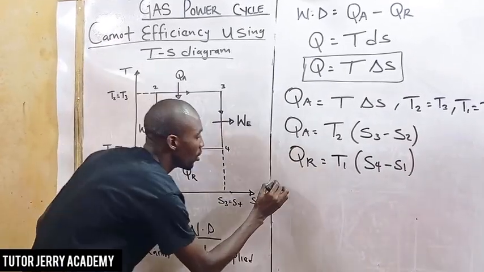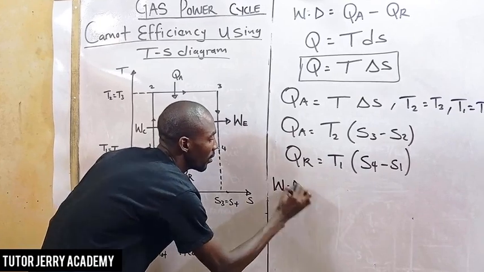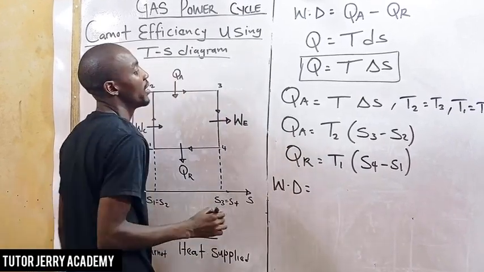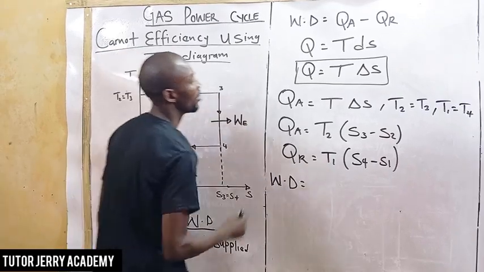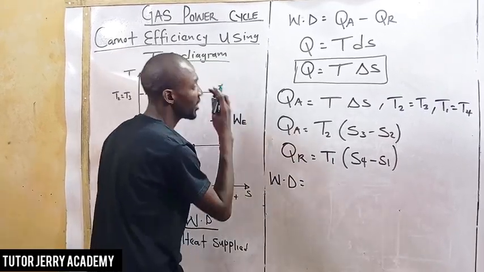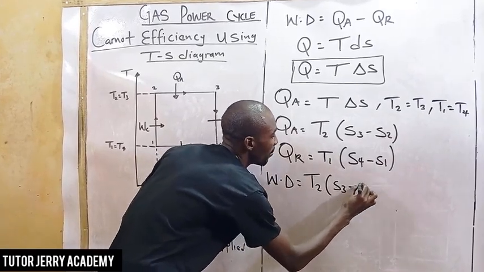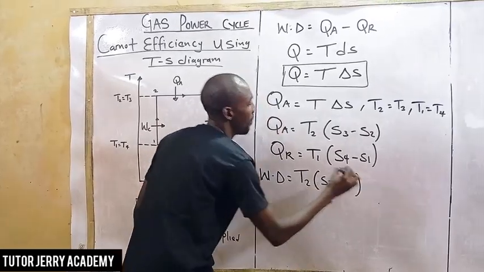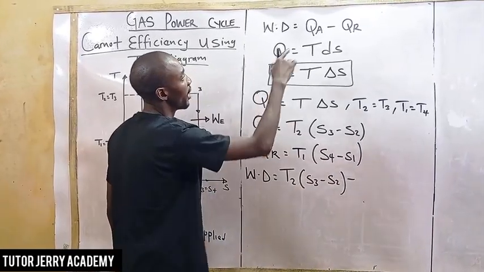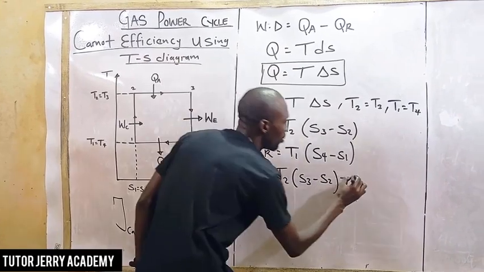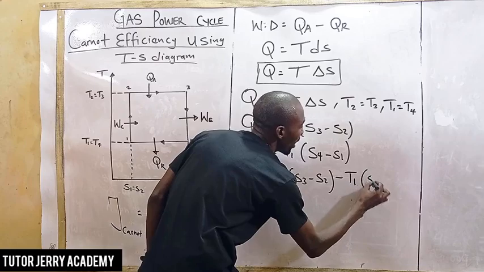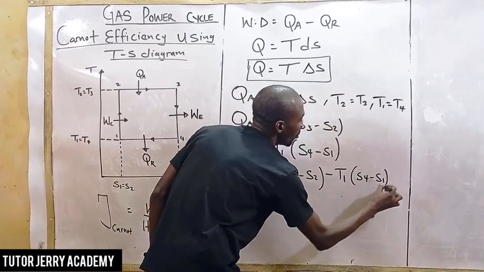Now let's substitute this back into our work done. Our work done will be equal to QA, the heat supply or heat added, which is T2 into S3 minus S2, minus the heat rejected, which is T1 into S4 minus S1.